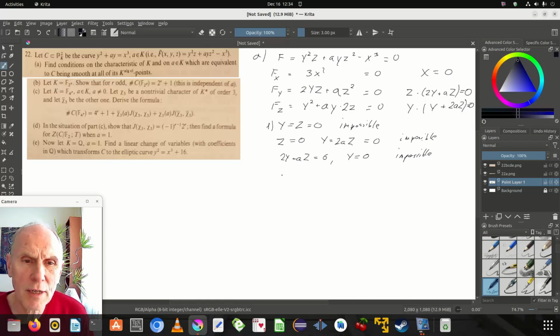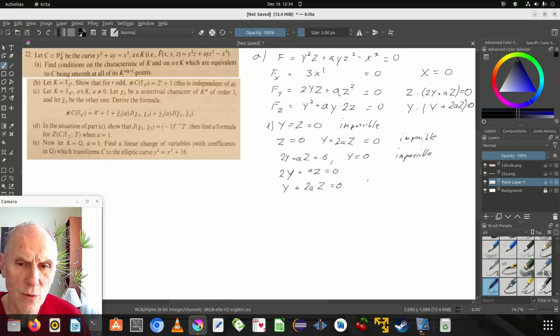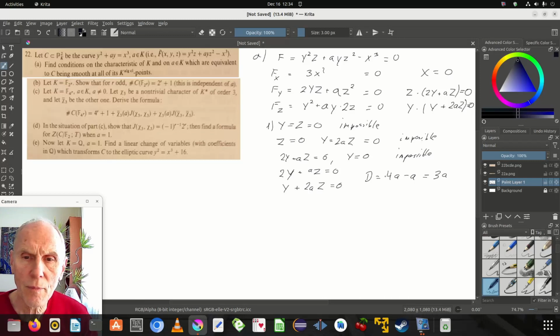So the only possibility is 2y plus az vanishes and y plus 2az vanishes. The determinant is 4a minus a, 3a. If a vanishes, then we have the point 0,0,0.